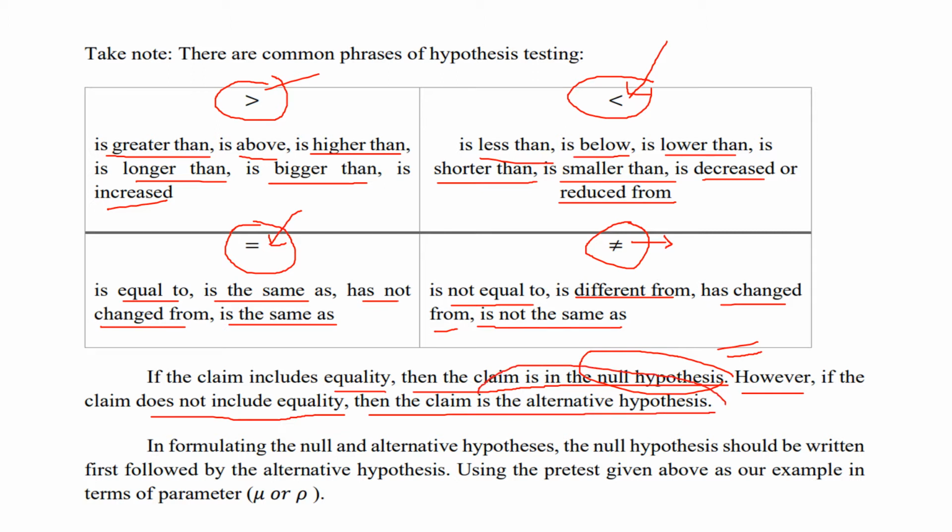As long as your statement does not show equality between the variables involved, that will be your alternative hypothesis. In formulating the null and alternative hypothesis, the null hypothesis should be written first, followed by the alternative hypothesis.